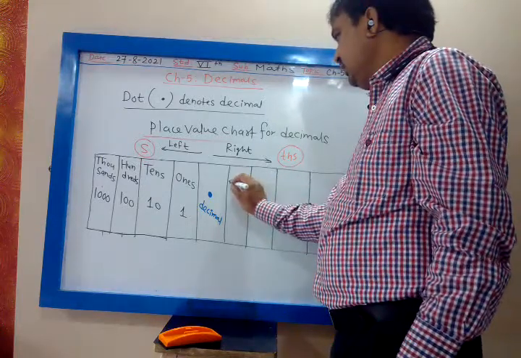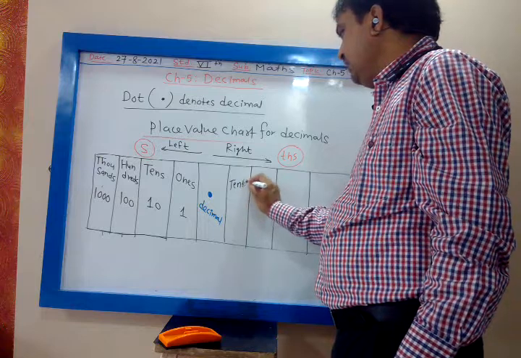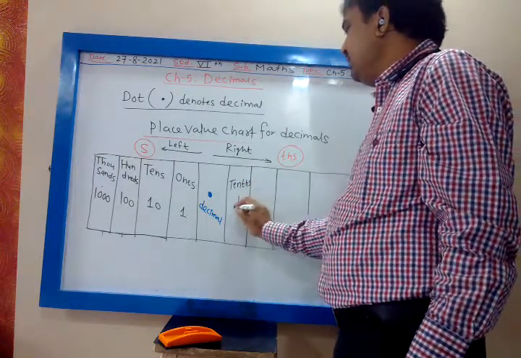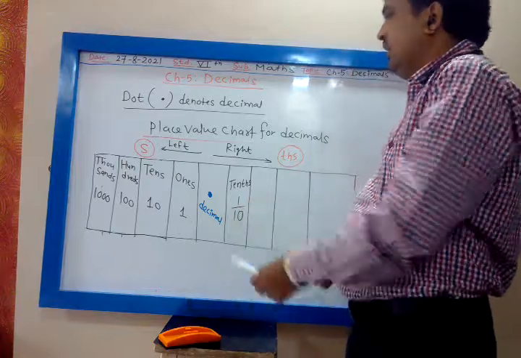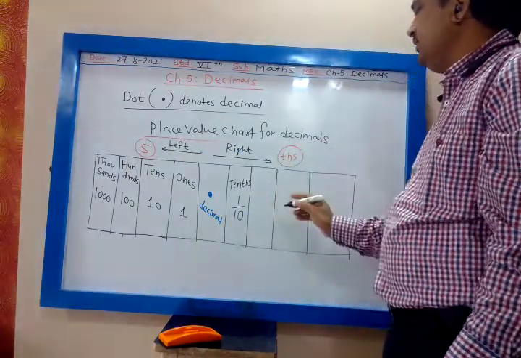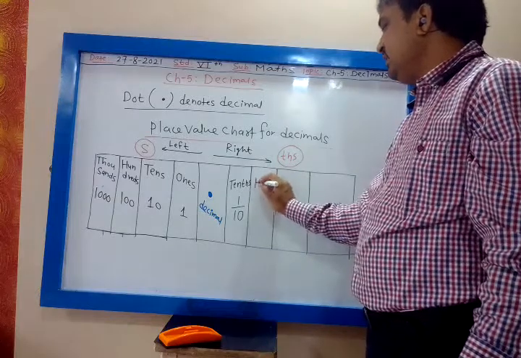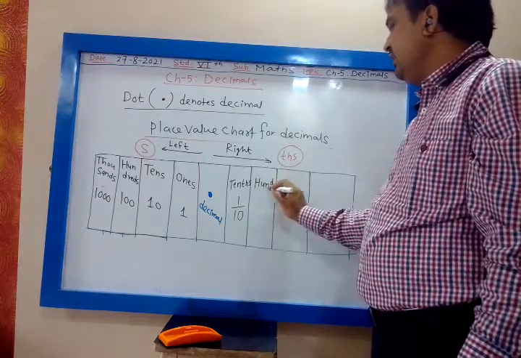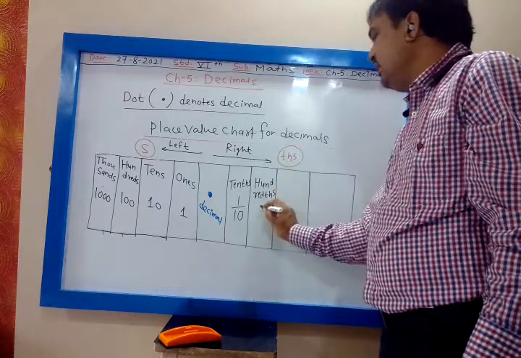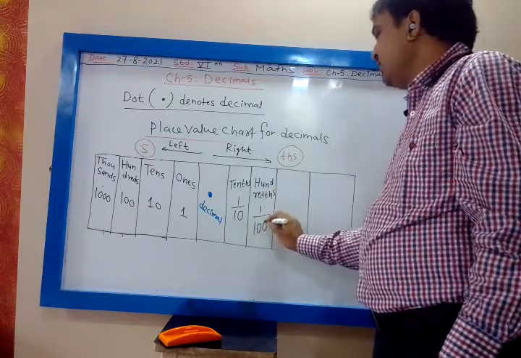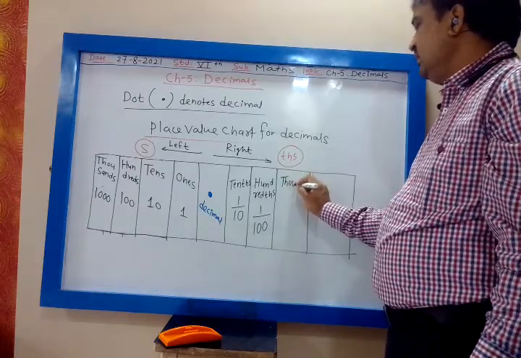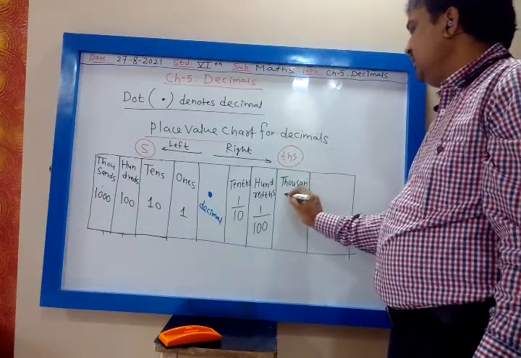So we write THS, tenths. Tenths means it is 1 upon 10. Then we have hundredths, what is that? 1 upon 100. Then we have thousandths.